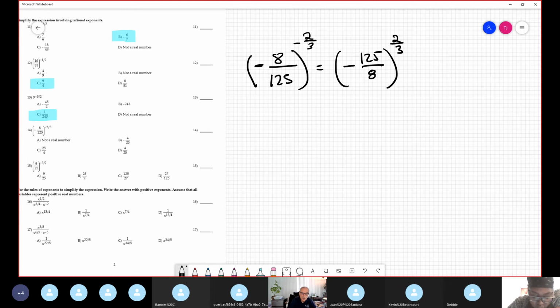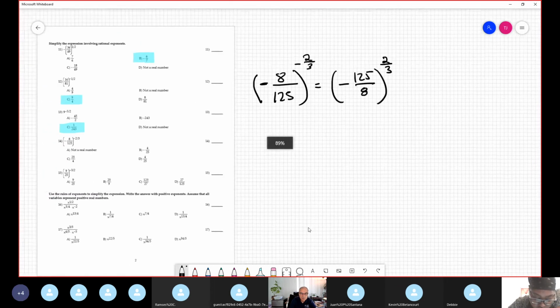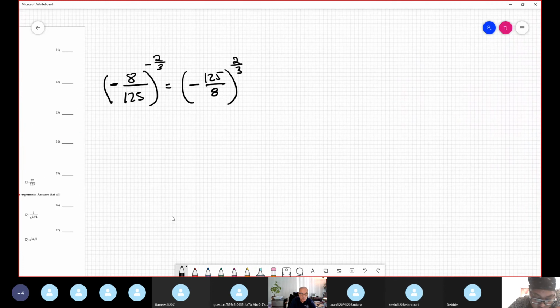Okay. Now, convert to radical notation to see much better. This is a cubic root. This 3 is this 3. Negative 125 over 8. I assume that this negative belongs to the 125, but it doesn't matter. Another possibility is to suppose that this is positive and this is negative.